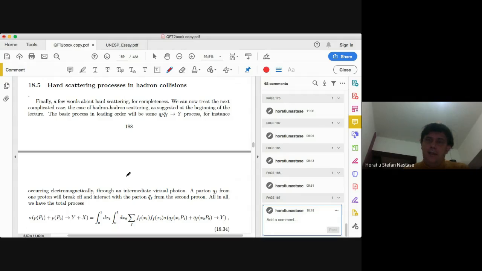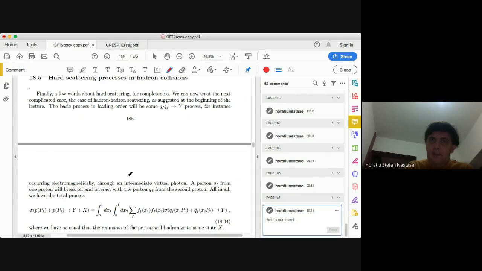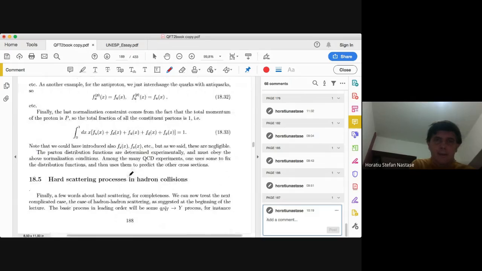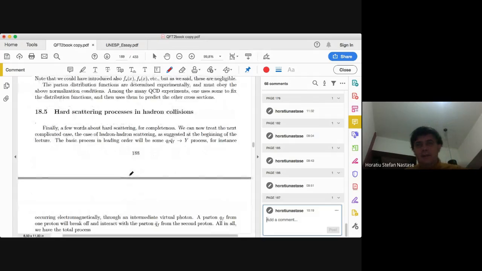But the next complicated thing is a hadron on hadron. Now, these both have structure, both have constituent partons. So this is more complicated. But it would still be reduced to, I don't know if I wrote a picture here, I didn't. But anyway, the point is it's still clearly reduced to a basic interaction, which is a parton interaction.